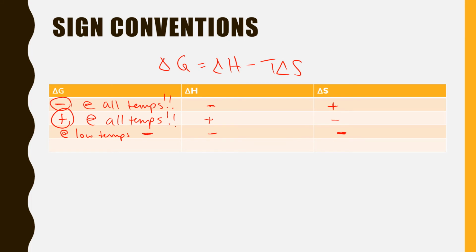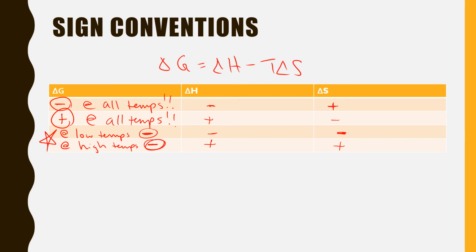So that's the only time when delta G is negative. If your delta H and your delta S are positive, the only time when delta G will be negative is at high temps. So at high temps only, your delta G will be negative. So don't forget these.